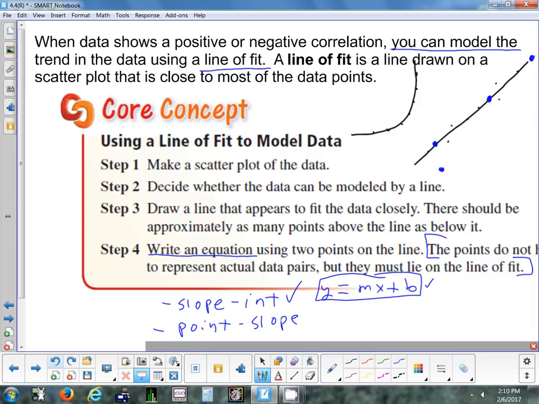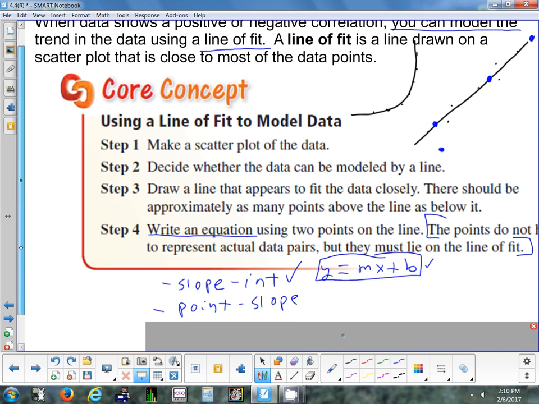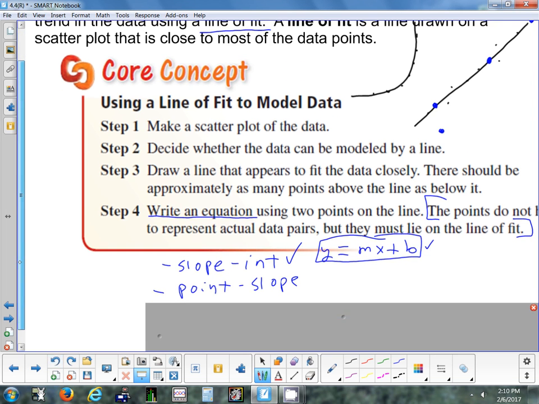Okay. Does everybody have the 4 steps? For the problem that we do, step 2 says decide whether the data can be modeled with a line. I'm going to pick points that work. I'm not going to pick ones you can't do.